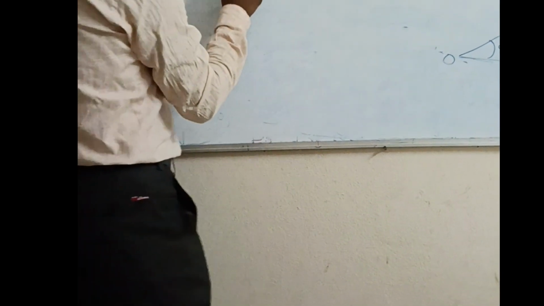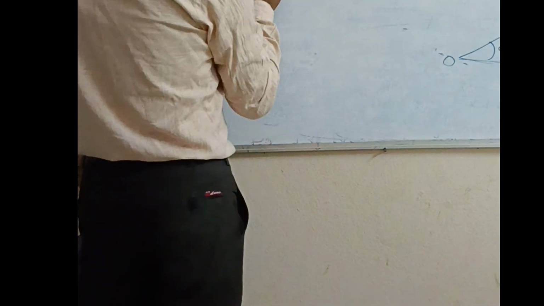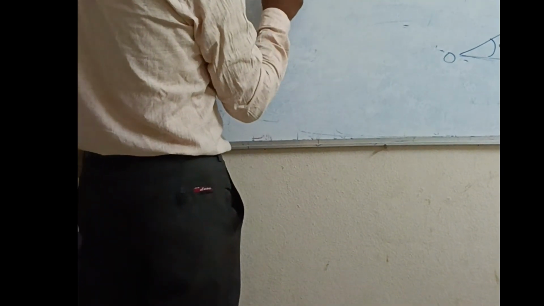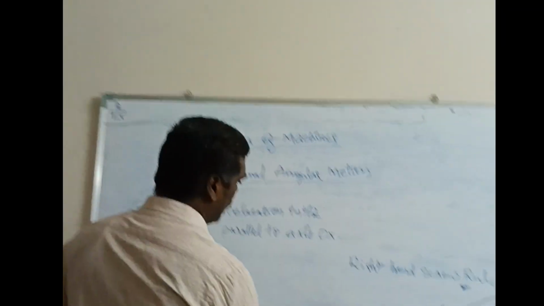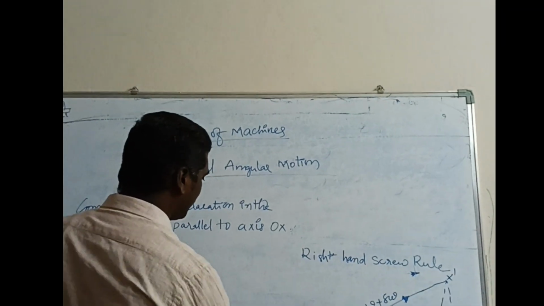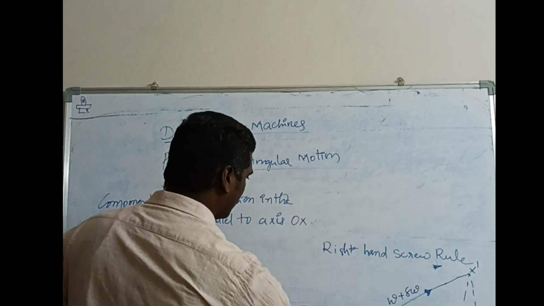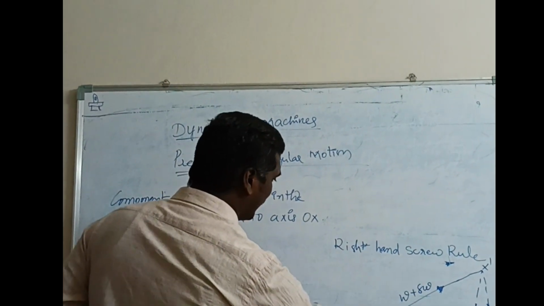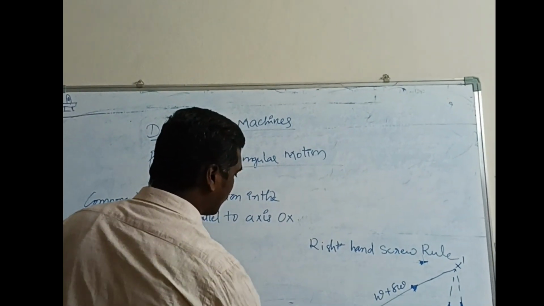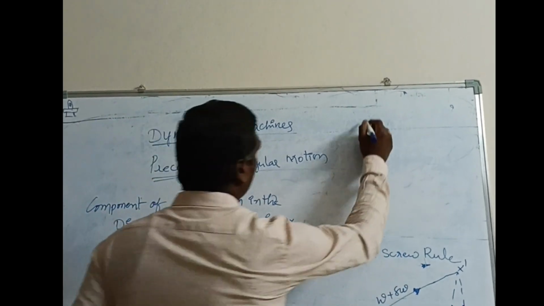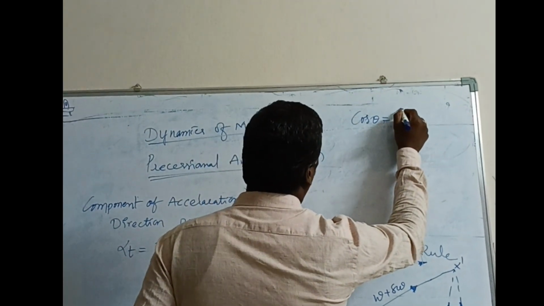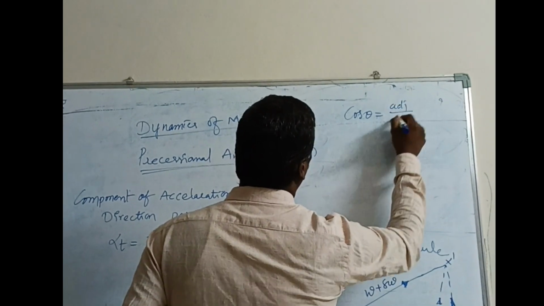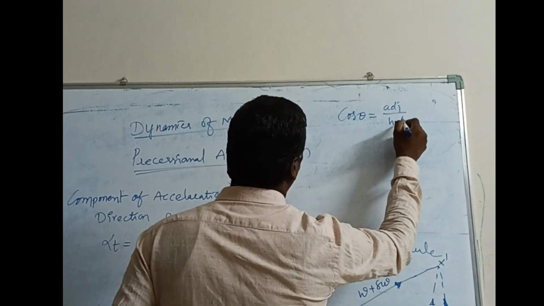Alpha t is equal to XR by delta t. It is parallel to the axis. In the right angle triangle, cos theta is equal to adjacent side by hypotenuse.